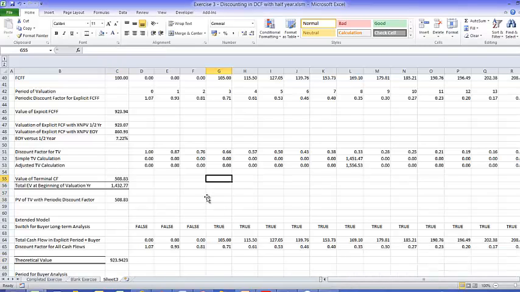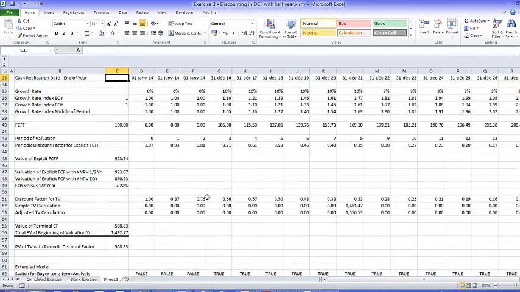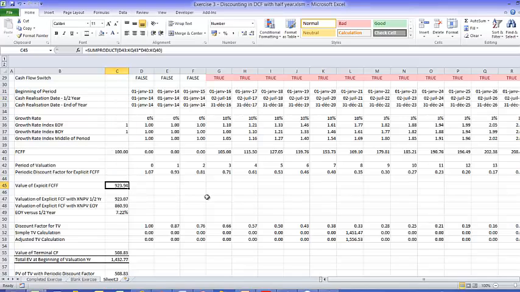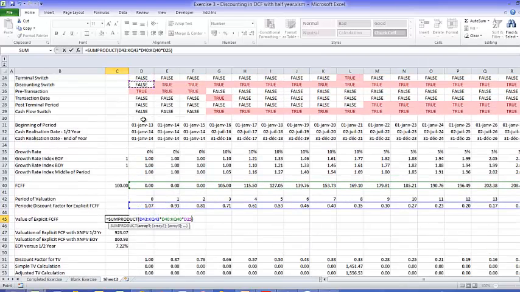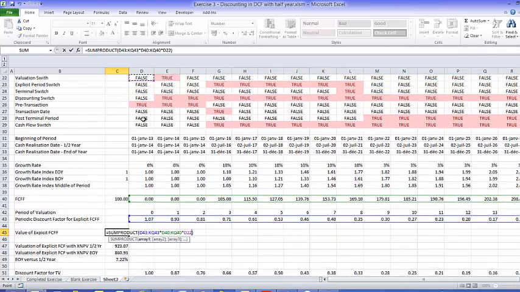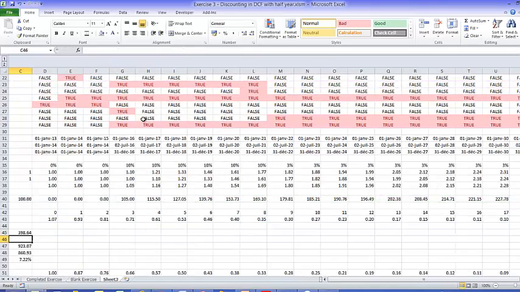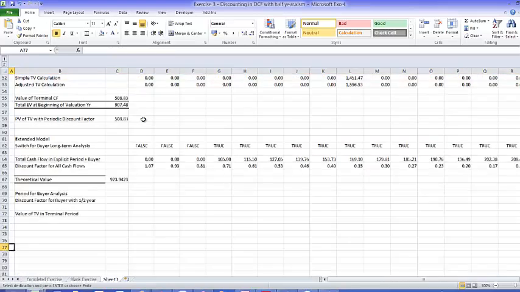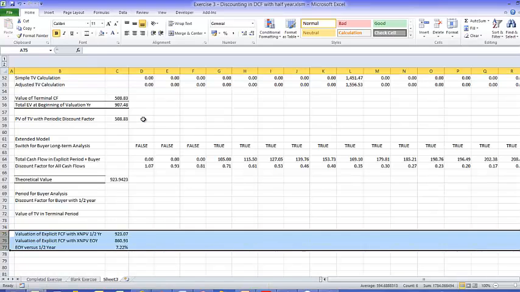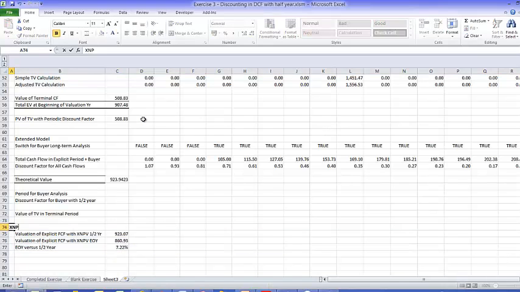I made a mistake up here. I don't know why I did this, because we should have only taken these cash flows over the explicit period, of course. And we should have made some sort of adjustment in here. I'm going to move this down to the bottom and call this XNPV proof.